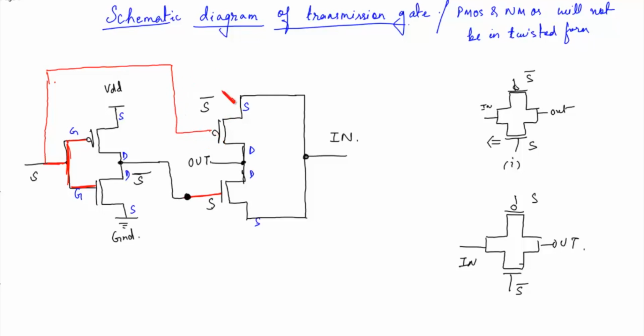This is S bar, this is S. This is for the second convention of the transmission gate. So we'll take the first one, or if you want we can take the second one also. We won't take this, we'll take this form, or else we can take the first form only.